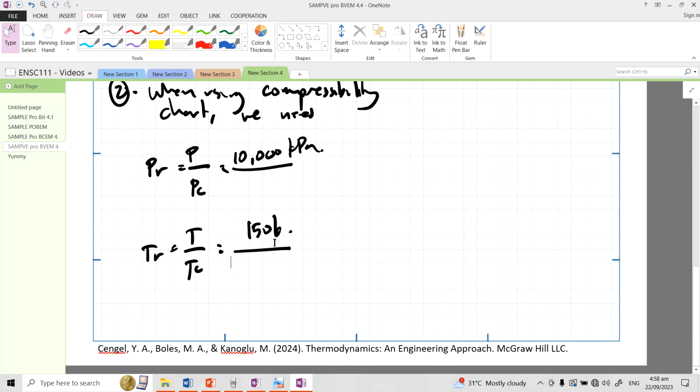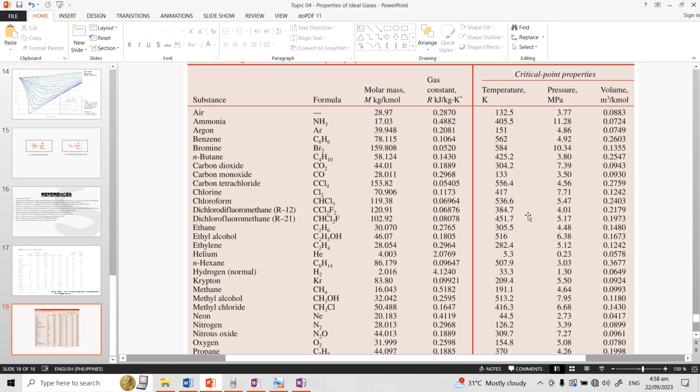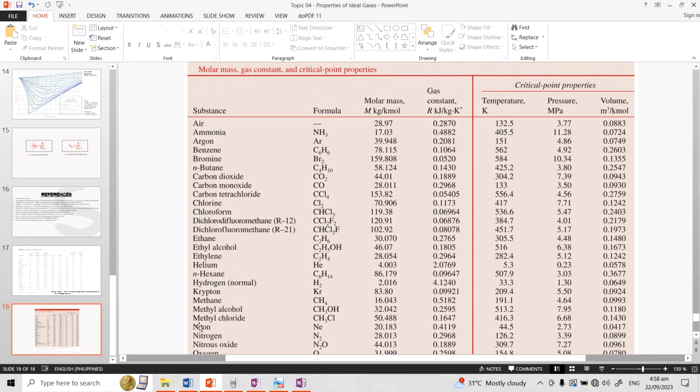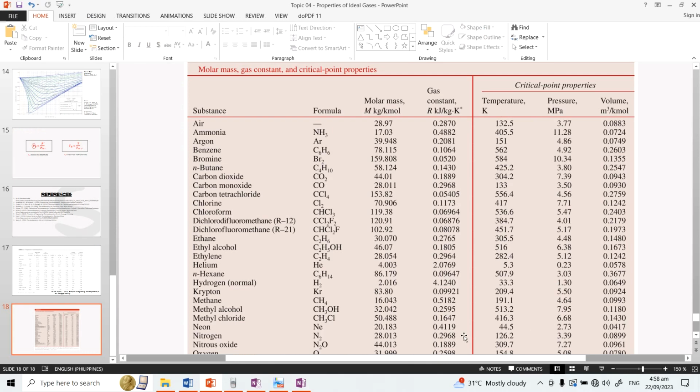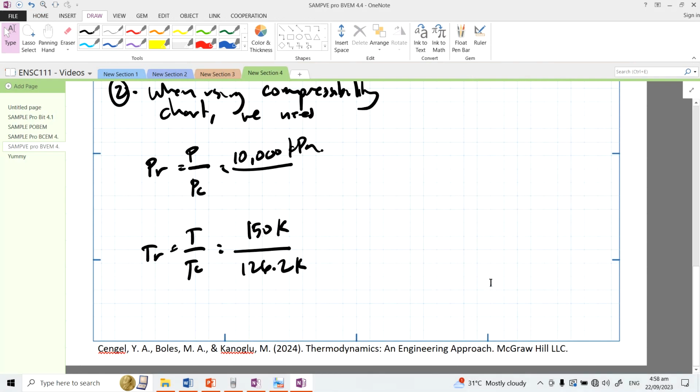Okay, now let's go back to the tables and find the critical temperature and pressure. For nitrogen gas, the critical temperature is 126.2 K. The critical pressure is 3.39 MPa.